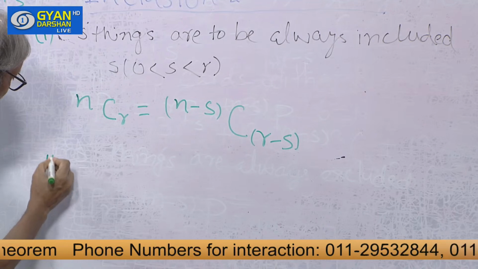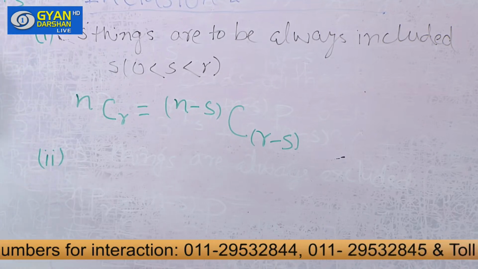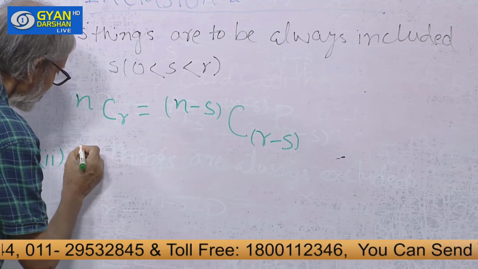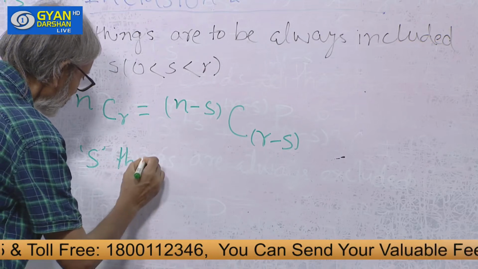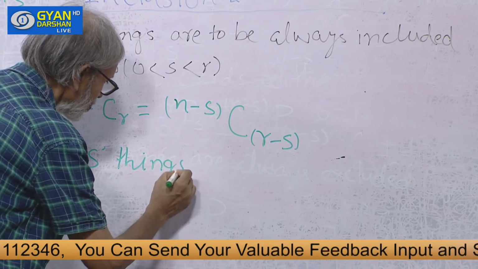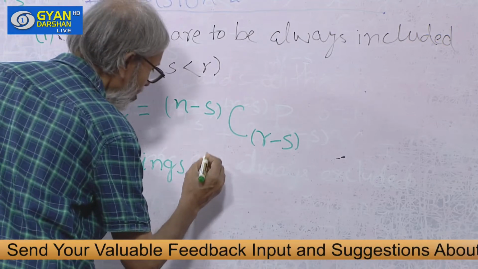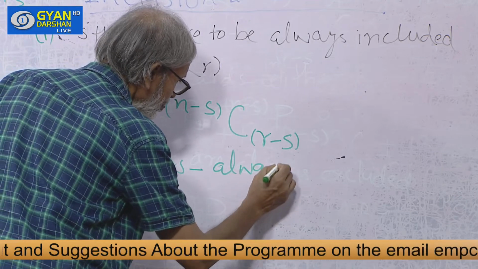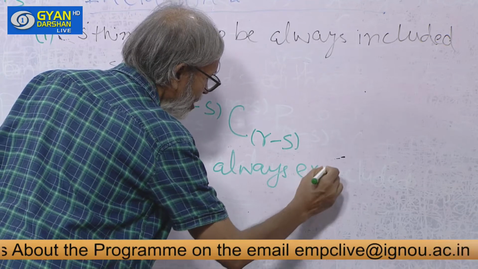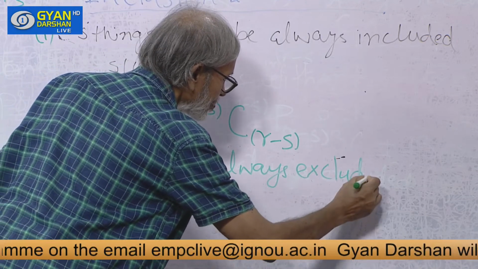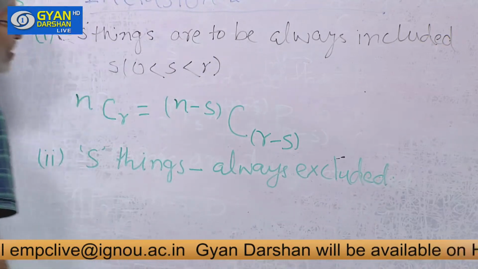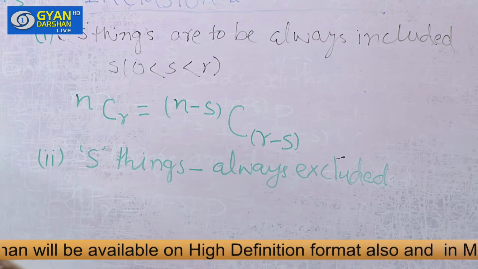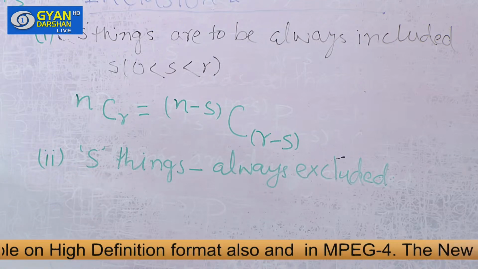The second one is that s things are to be always excluded. This is easy because those which are to be always excluded, you do not consider them as your domain.